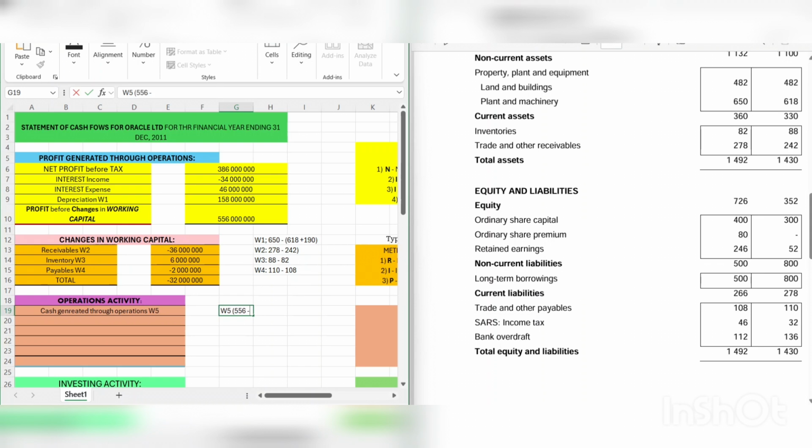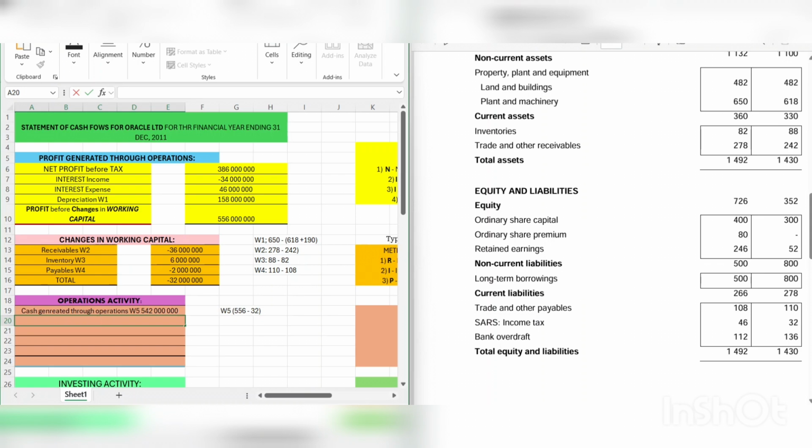So 556 minus 32, and that should give us 524 million. All right.